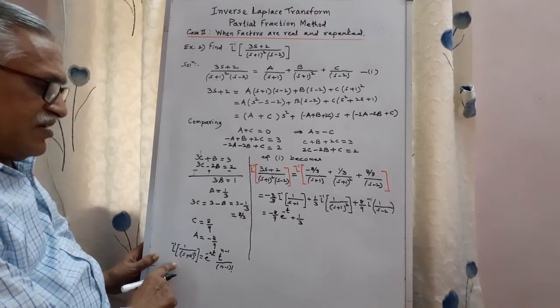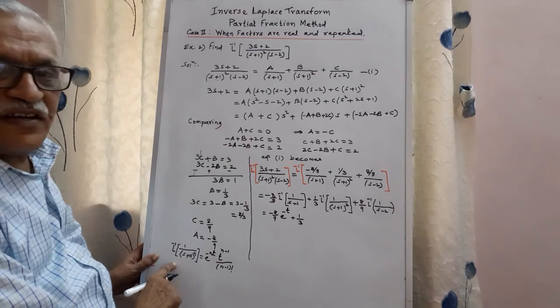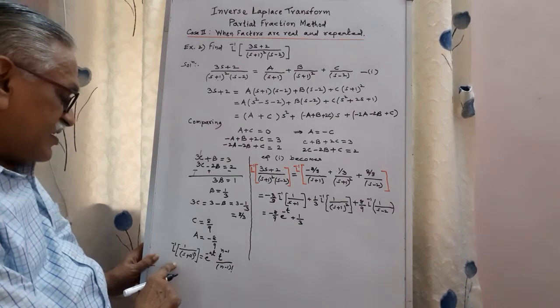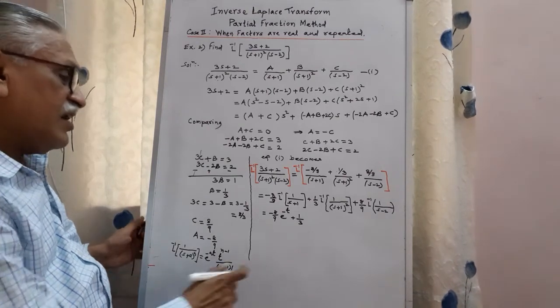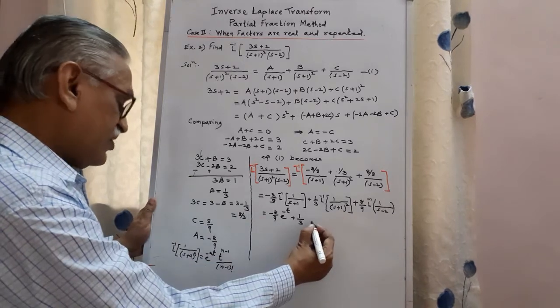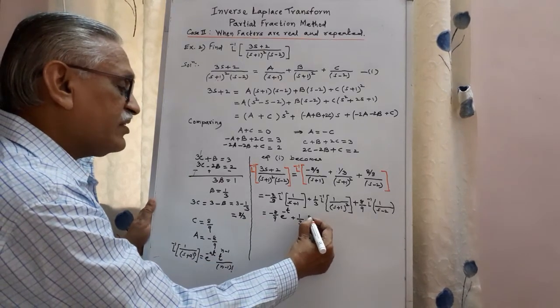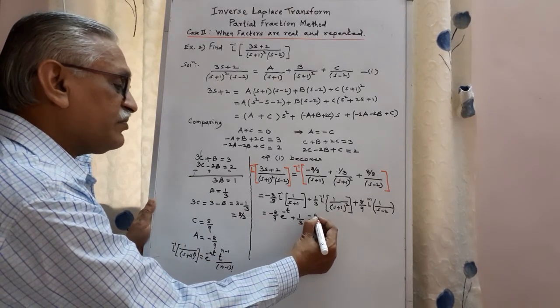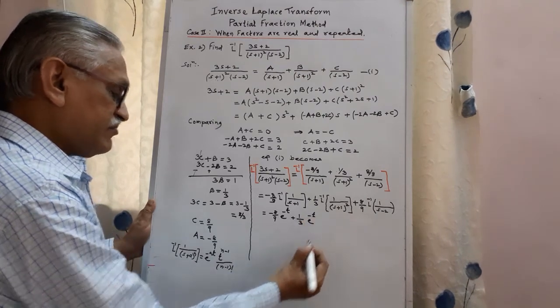This is a standard result which I have already discussed. Therefore, using that result, here a is 1, therefore e raised to minus at, minus 1 times t means minus t.